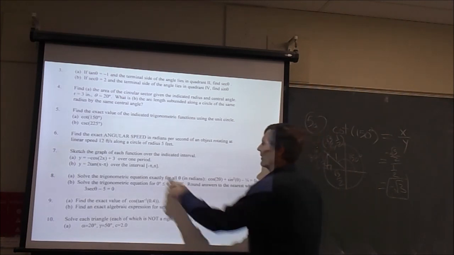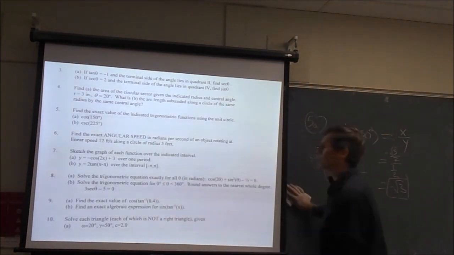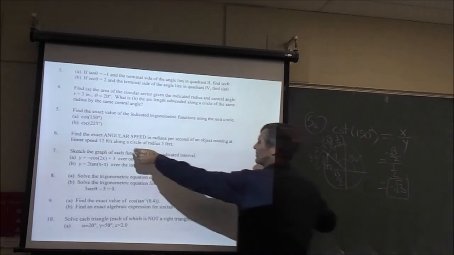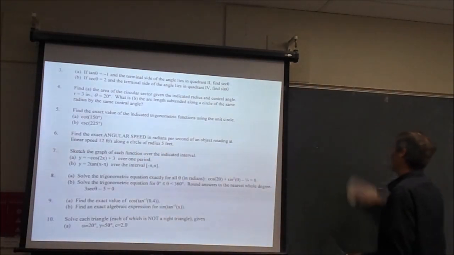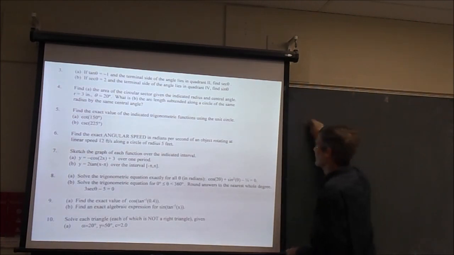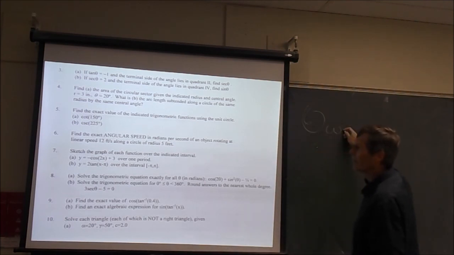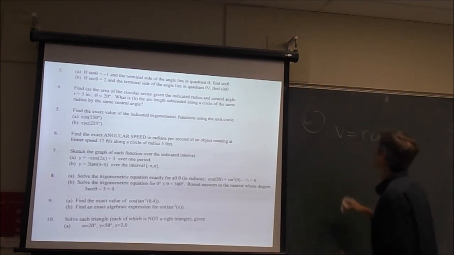Suppose I want to find the angular speed in radians per second if an object's rotating at linear speed 12 feet per second along a circle of radius 5 feet. So there's number 6. The angular speed, omega, is related to the linear velocity v by v equals r omega. You remember that formula?